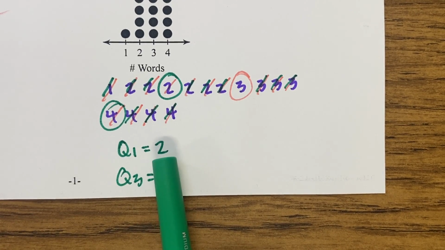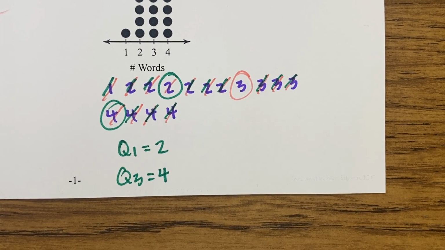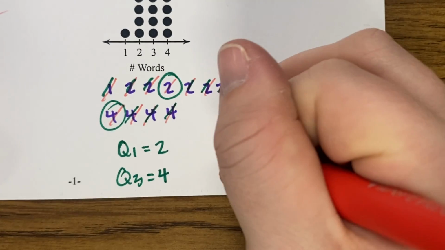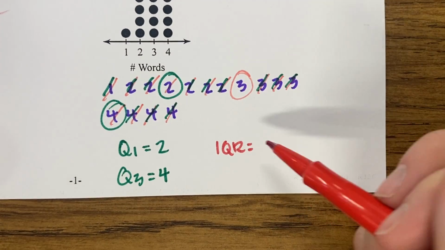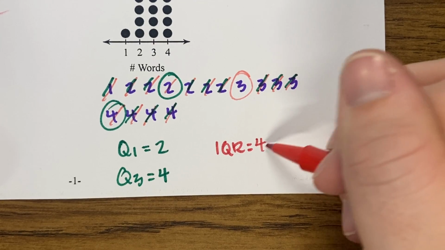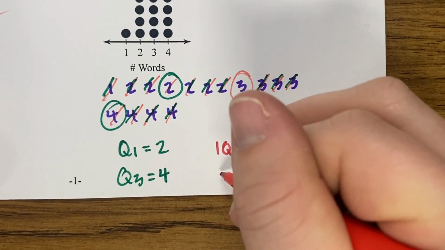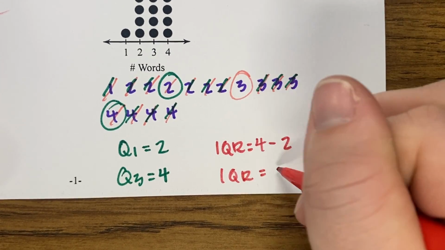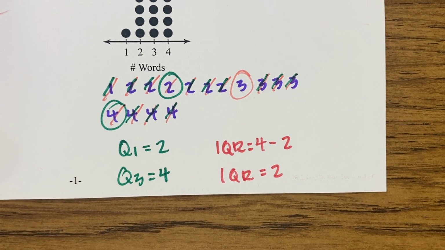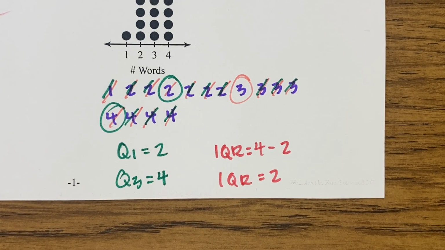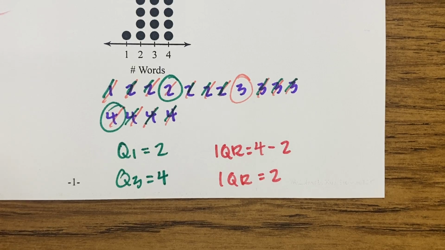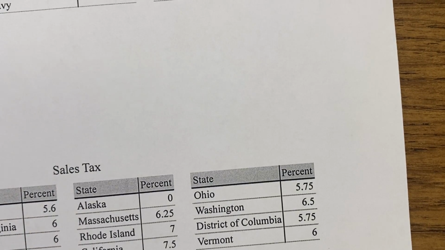So lower quartile 2, upper quartile 4. Now I just need to find our IQR, which is going to be our upper 4 subtract our lower 2. So our IQR is 2. Beautiful.